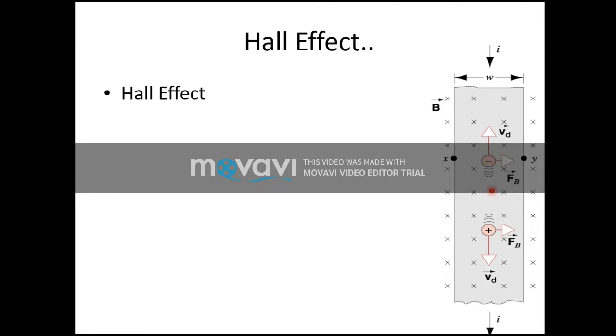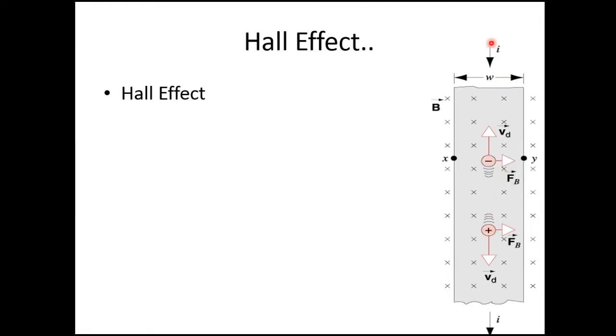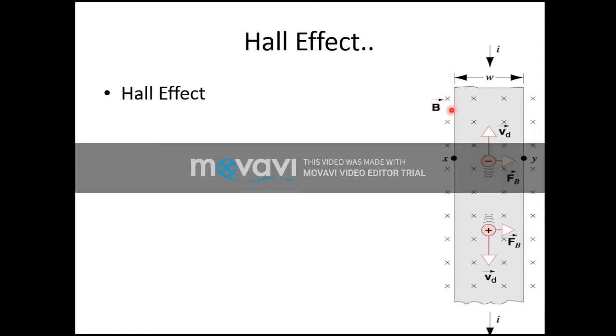So you know that if we have plus charge, this is the direction of the flow of the current. The width of the slab is W over here. This slab is being put in the magnetic field, which you can see by these crosses over here.